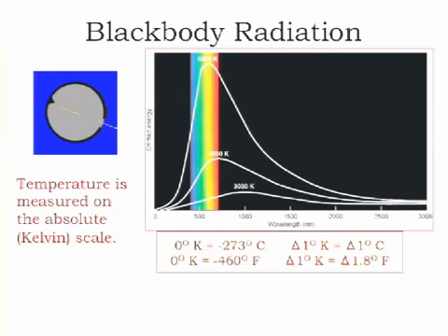Okay, so the spectrum of these objects was characteristically different. Now, this is a linear spectrum. Linear here and linear here.